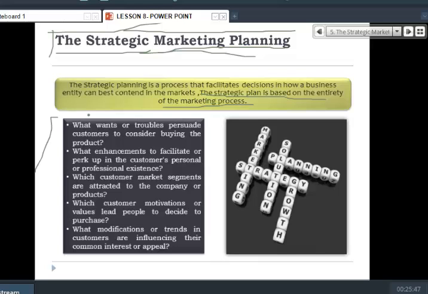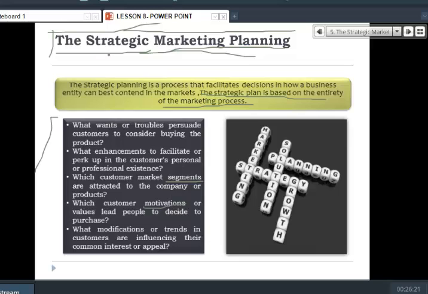What kind of enhancements or facilities do you give to the customer? Also another question: which customer market segments is the company trying to fulfill? Also the segment, the scope. Which customer motivation values lead people to decide to purchase? Also, don't forget about the motivation, the segments.